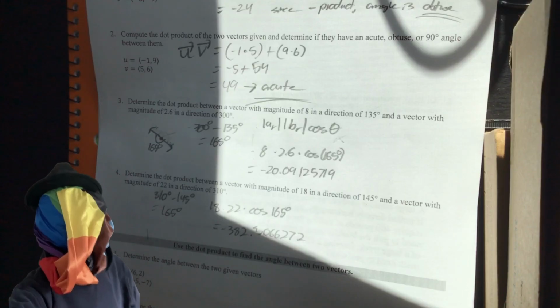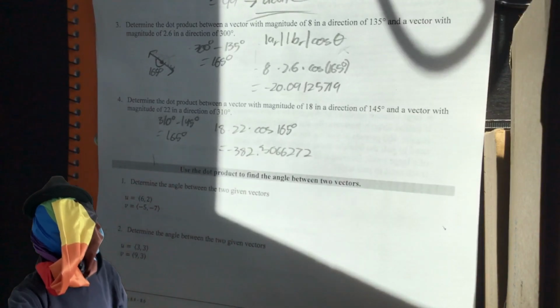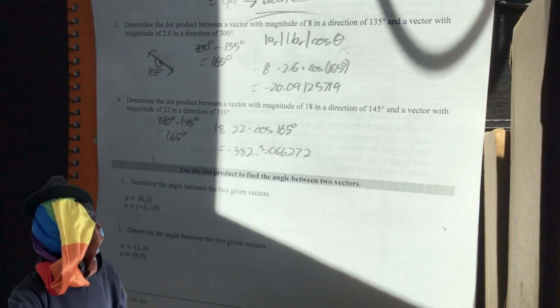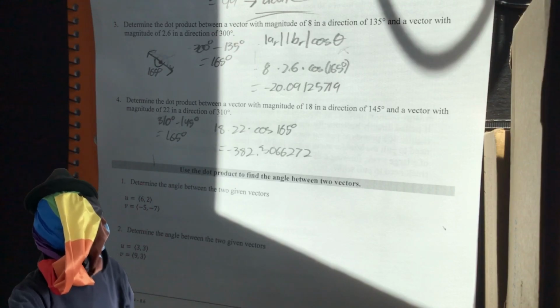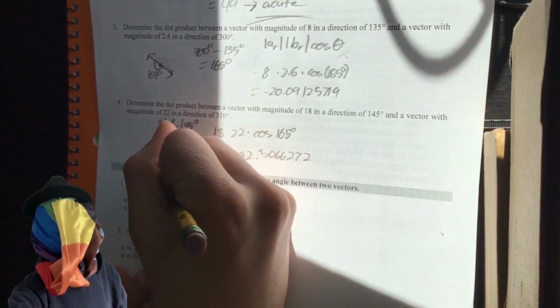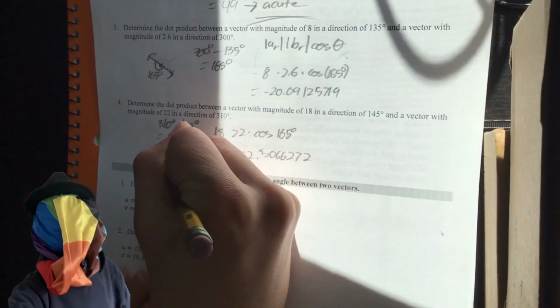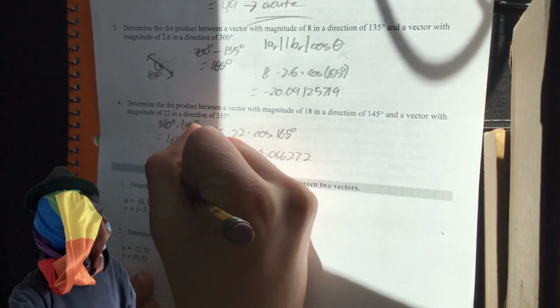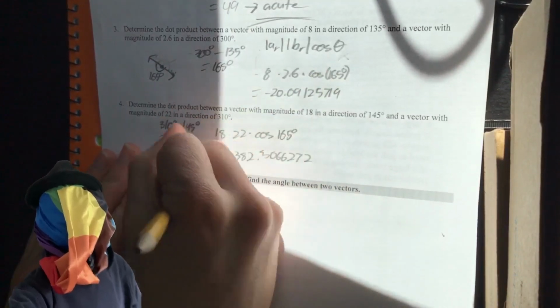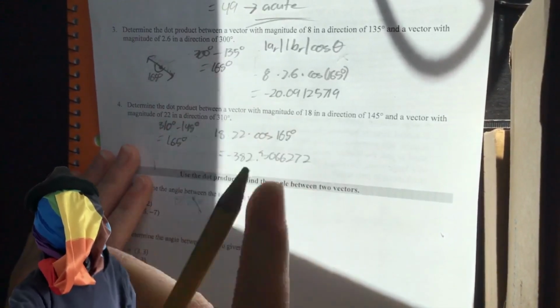Determine the angle between two given points. Okay, so there's an angle between those points. Since we have two dot product calculations, u dot v equals, we can just set the two dot product calculations equal.